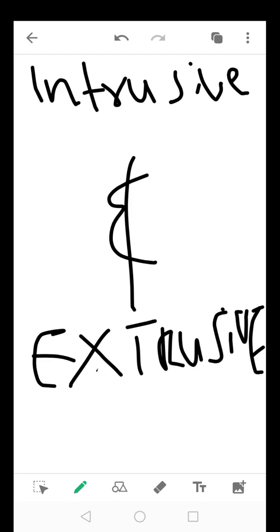So the extrusive rocks are characterized by fine textures wherein the crystals are too small to be seen with our naked eyes, and they need to be seen using what we call a microscope. So the crystals had less time to form, or the magma cooled faster, giving the crystals less time to form. That is the extrusive rocks.